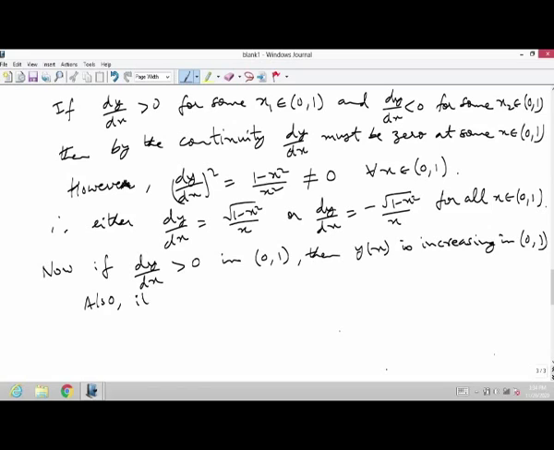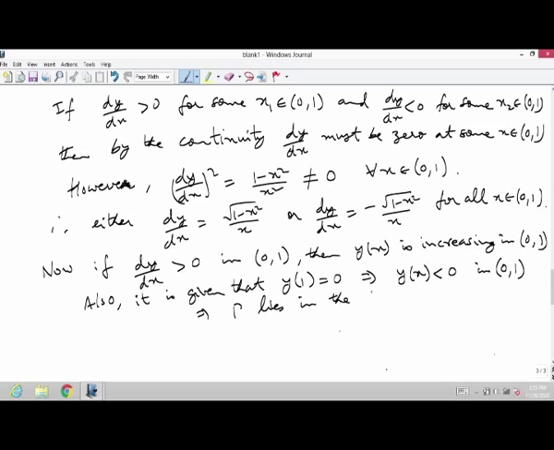Also, it is given that y at 1 is equal to 0, because (1, 0) lies on gamma. So, this implies y(x) must be negative in the interval (0, 1), but if y(x) is negative in (0, 1), this will imply that gamma lies in the fourth quadrant. This is not true.